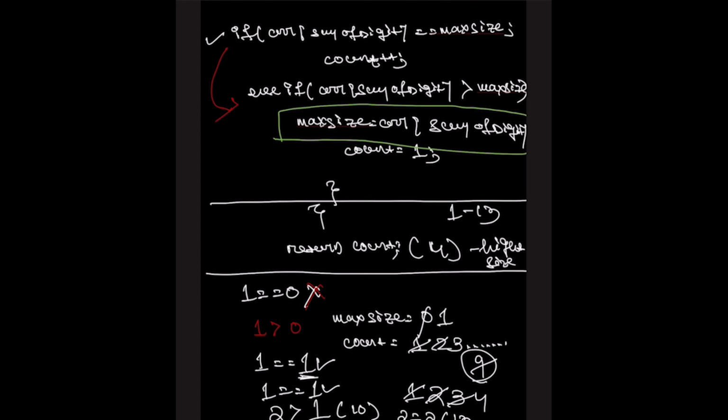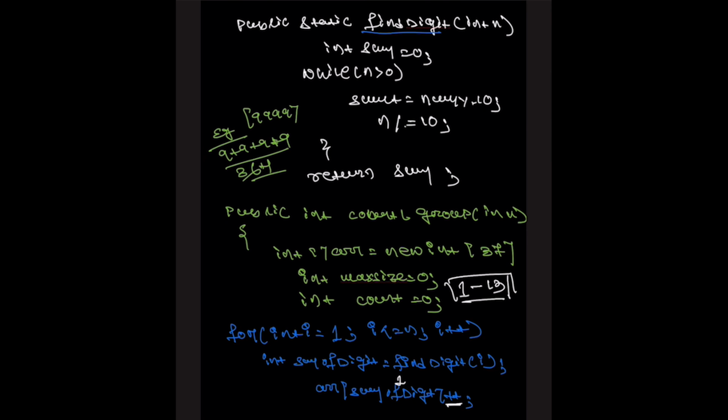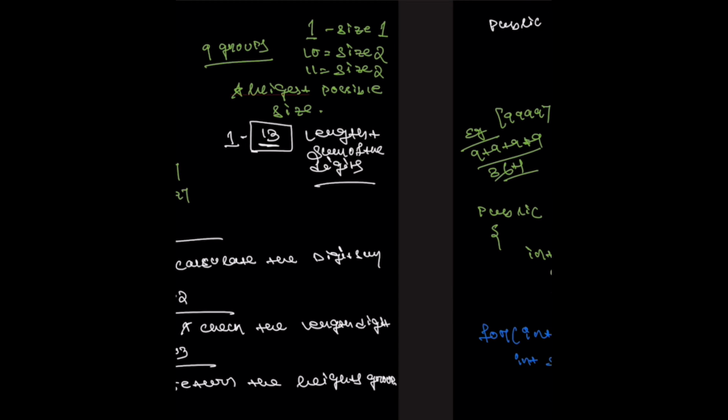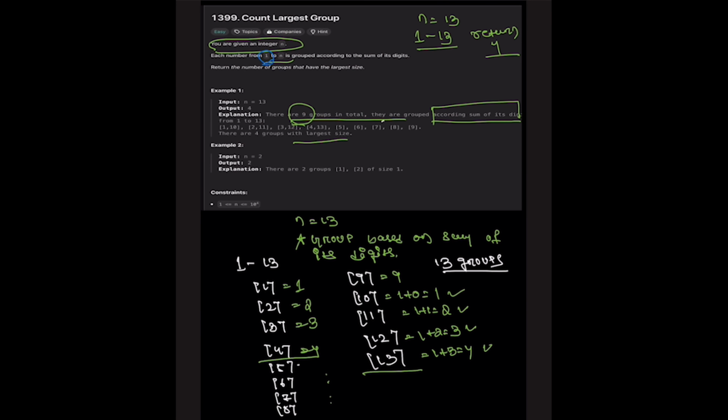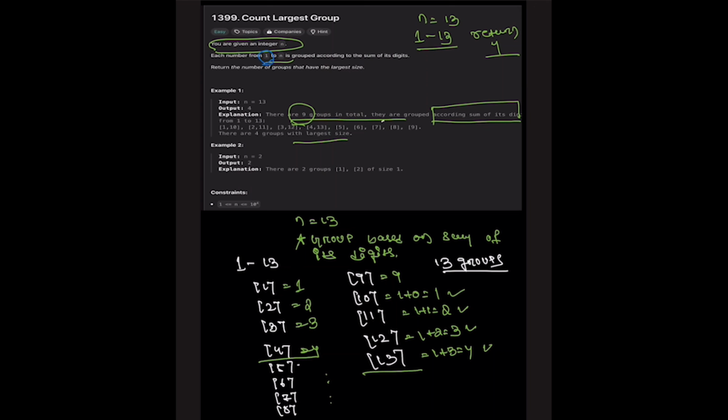Okay, let's recap once again. The question is saying there is an integer n, which is 13, from 1 to 13.